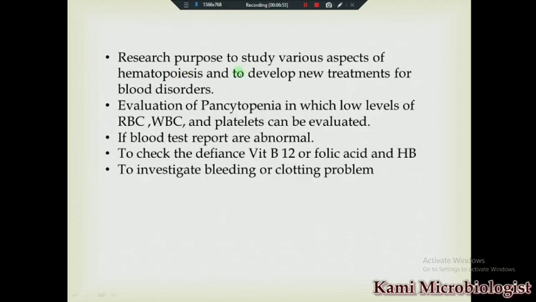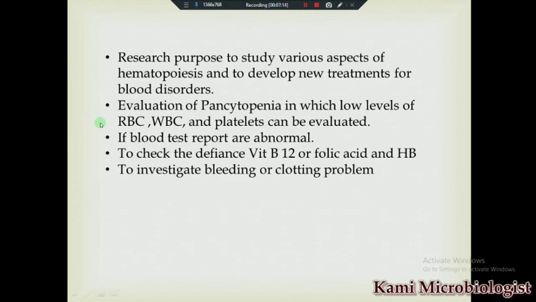We can also perform research through this bone marrow aspiration, and through this research we can examine different aspects of hematopoiesis, and through this way we can develop treatment for blood disorders.